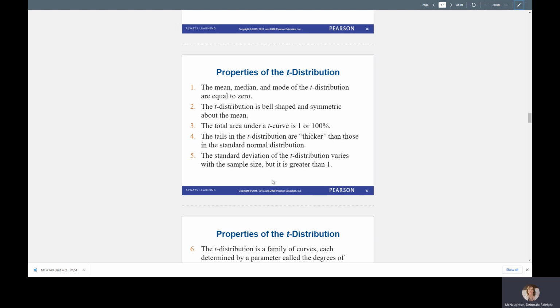The difference is that the tails in the T distribution are thicker than those in the standard normal distribution. And the standard deviation of the T distribution varies with the sample size. In the normal distribution, the standard deviation is always the same. But in the T distribution, the standard deviation varies with the sample size and is greater than 1.